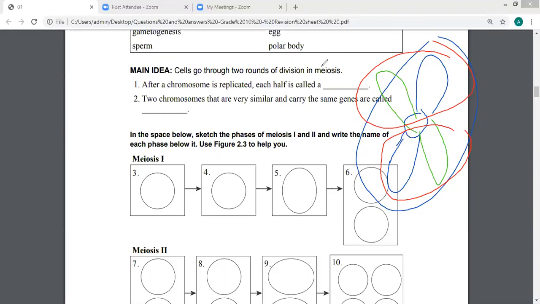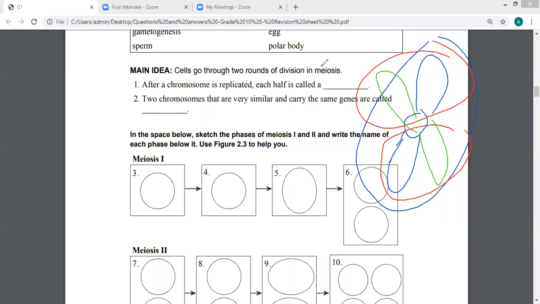This is called what? Did you understand the question? Yes, I did. But you don't know the answer, right? I don't know. Okay, who else? Sister chromatid. Sister chromatids, good, right, Maria.